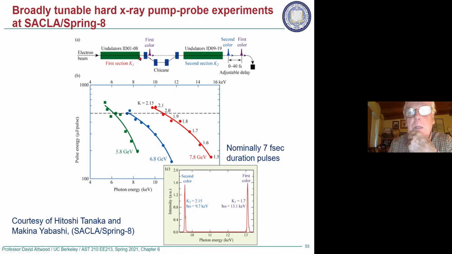But the SACLA people from the beginning, all of their undulators were K tunable. And so we'll come back to this slide next time and to some experiments right after that where they were able to produce, and I think it's the only one that's been produced so far, an 8 keV atomic laser with a really narrow line, okay?